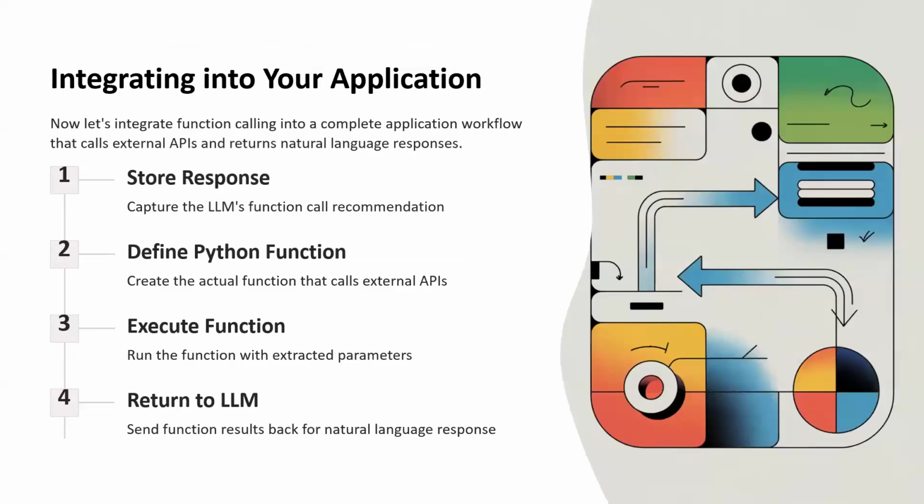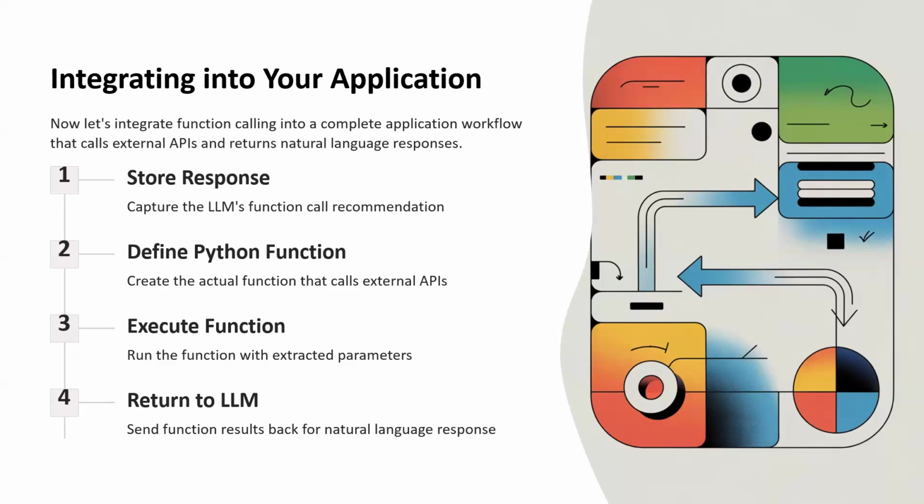So now we're talking about how to integrate this into our application. We'll integrate the function into our application. We'll import the function by calling the function name, and you'll see that later on.